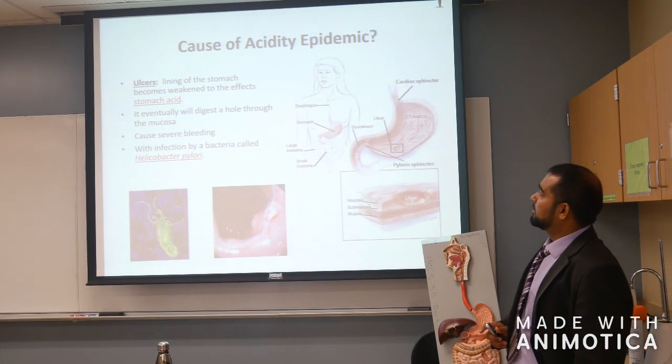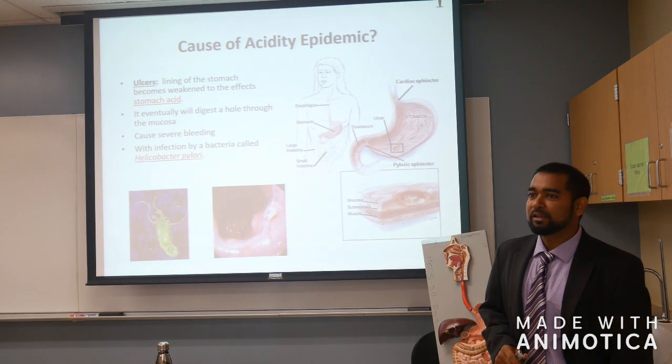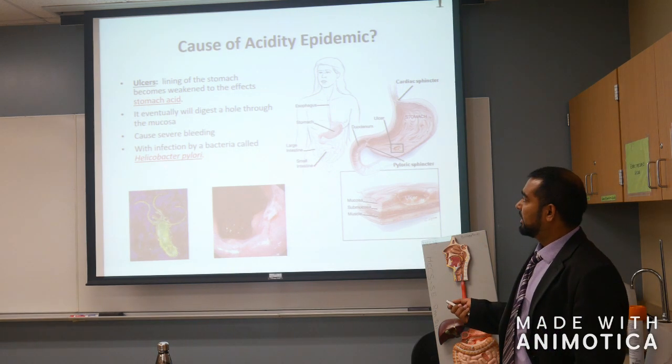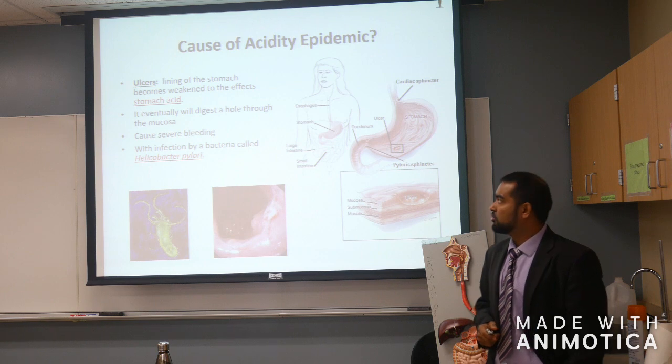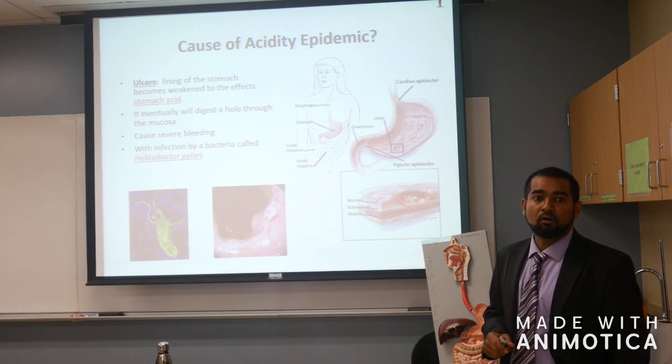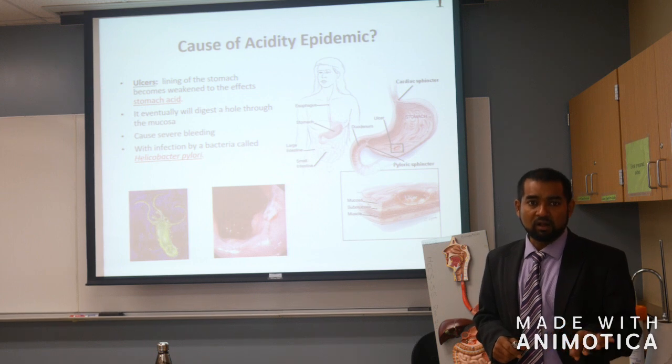And then what do we know? We know that there are two reasons. The first reason is too much acid. The second reason is H. pylori bacteria. The Helicobacter bacteria is the one making all the infection, making you an ulcer, right?